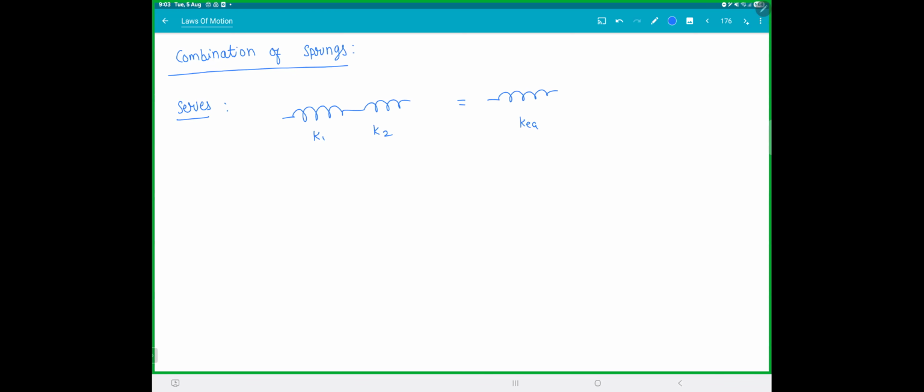So when do you say two springs are in series? They should have the same tension. Both the springs will have the same tension because they're connected by the same wire here, but they'll have different elongations. The final spring which you're replacing should have an elongation of x1 plus x2.